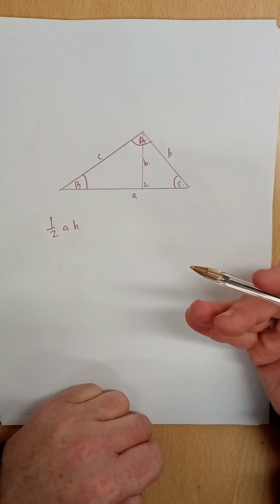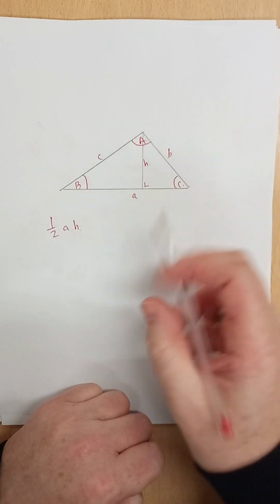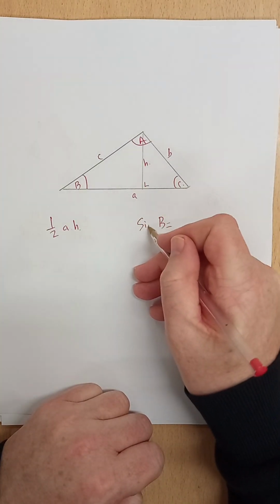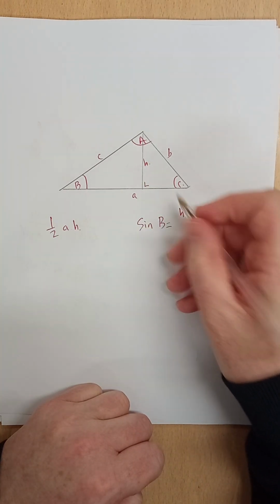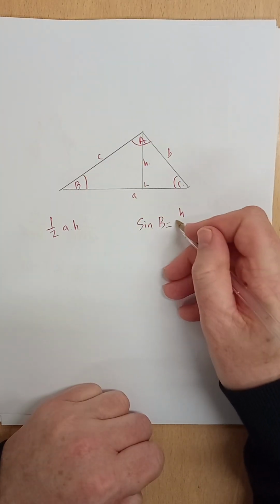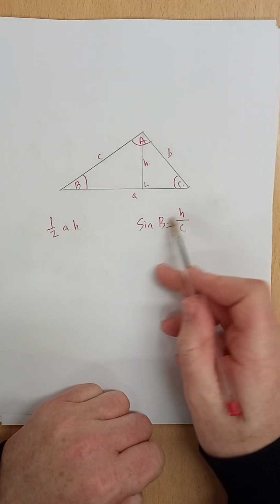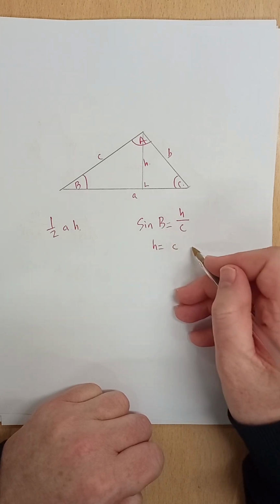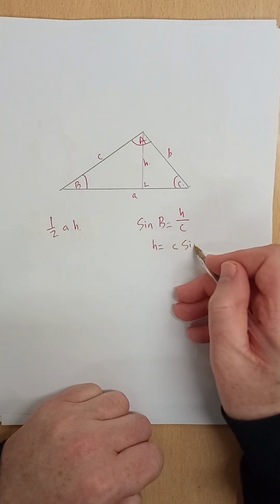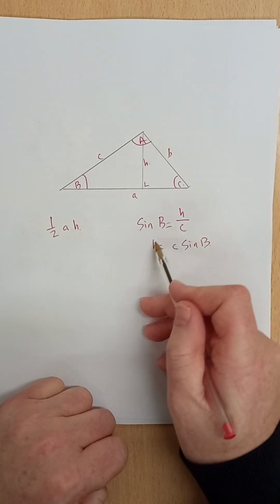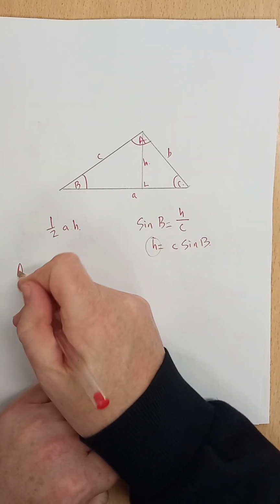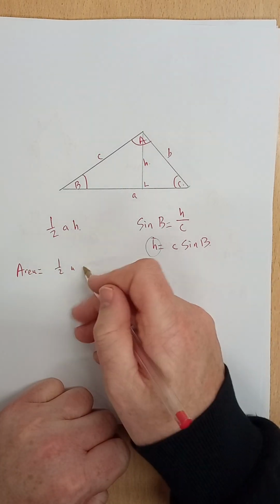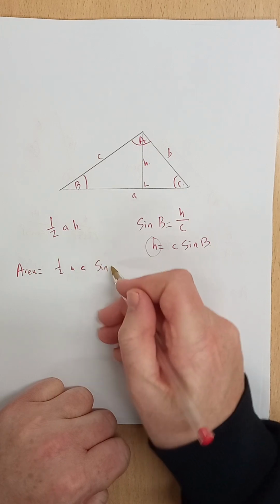Well, we know that the sine of B is opposite over hypotenuse. If I rearrange this, then H is equal to C by the sine of B. If I substitute this in here, then the area is equal to half of A multiplied by C multiplied by the sine of B.